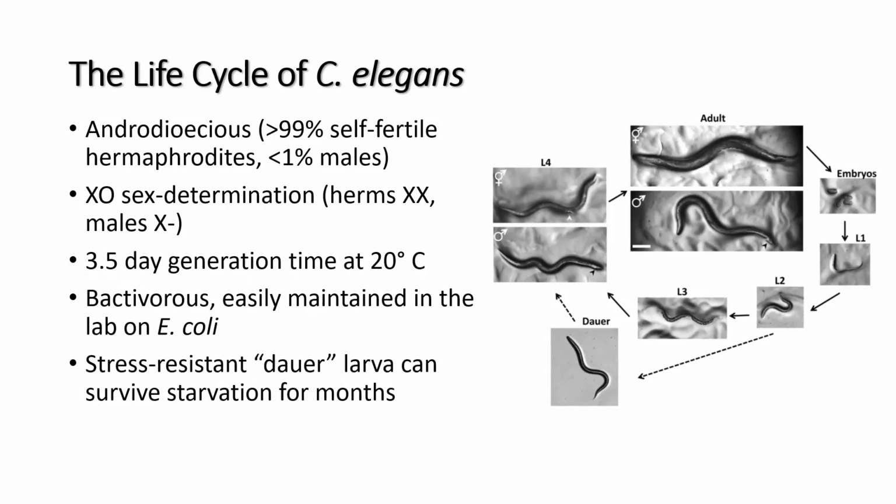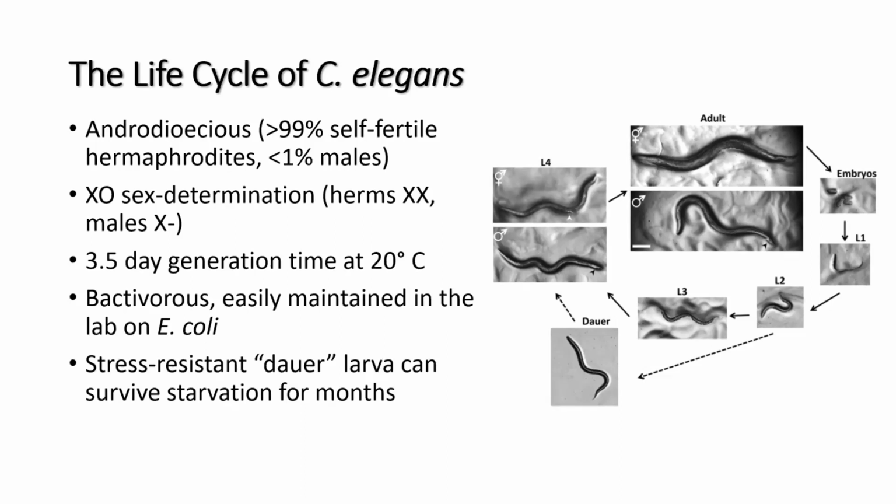So they have what's called an XO sex determination system. The hermaphrodites have 2 X chromosomes, and males have 1 X chromosome. And the males are generated spontaneously at less than 1% by non-disjunction of the X.